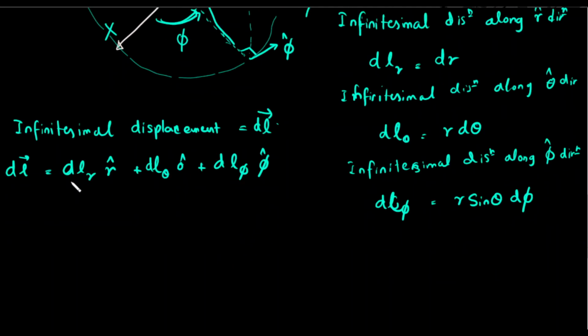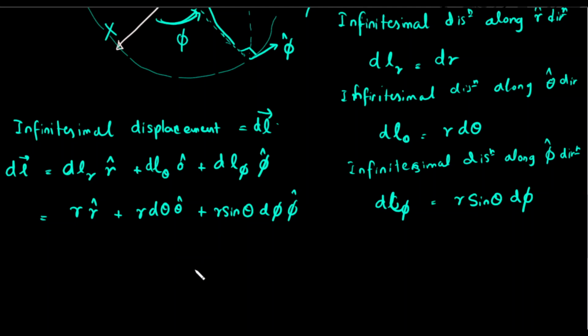Now that we have found dl_r, dl_theta and dl_psi, we can substitute them. So we have dr r hat, plus r d theta theta hat, plus r sine theta d psi psi hat. So this is my infinitesimal displacement vector, written in terms of the r hat, theta hat and psi hat directions.